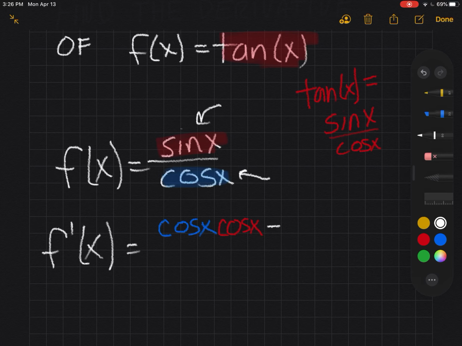And then we take the derivative of the numerator, sine of x. And the derivative of sine of x we know is cosine of x.